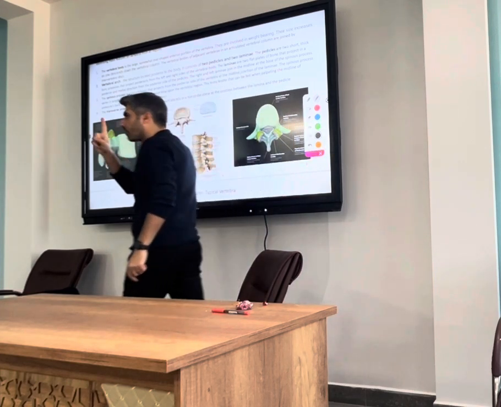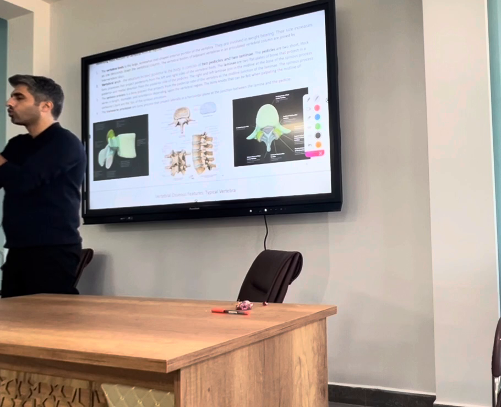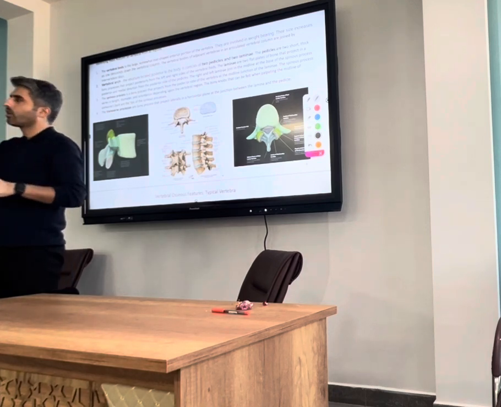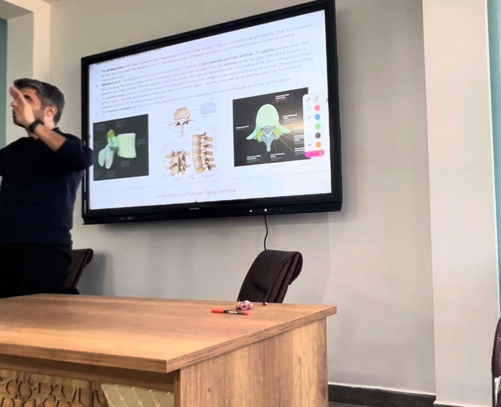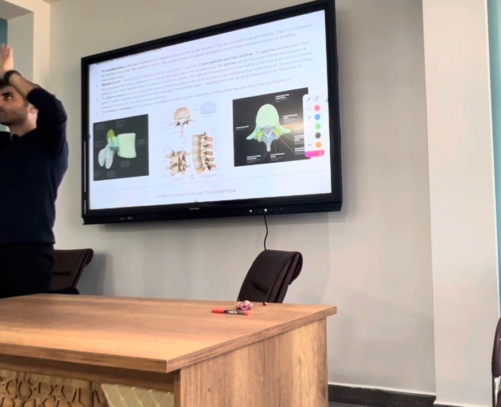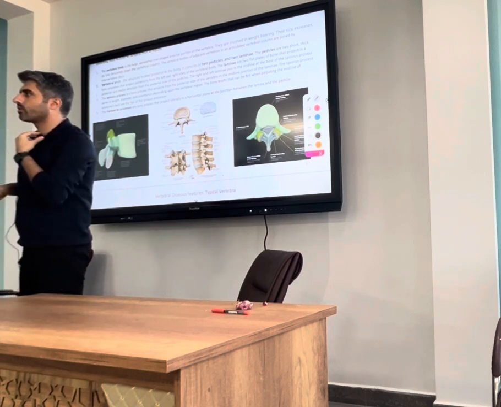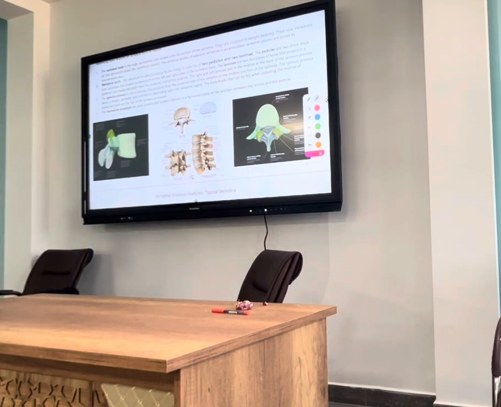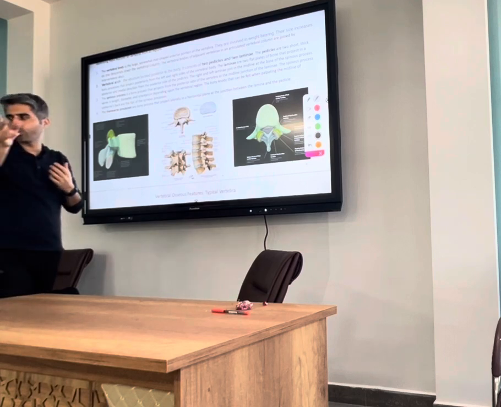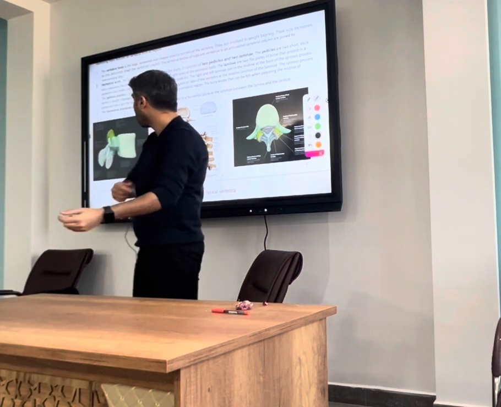So one vertebra has two transverse process, one spinous process, two superior articular process, two inferior articular process. 7 processes: 2, 2, 2, 1.